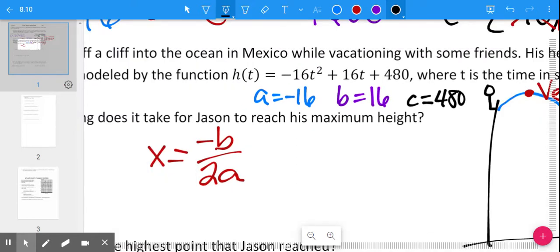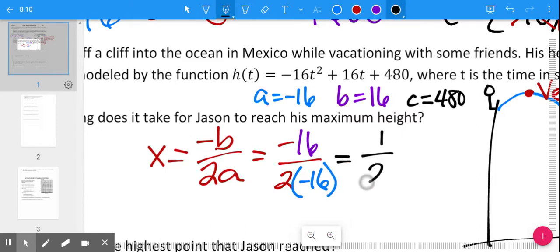So when we plug in what we know, our t value is negative b divided by 2 times a. And when we do that, we end up with 1/2.